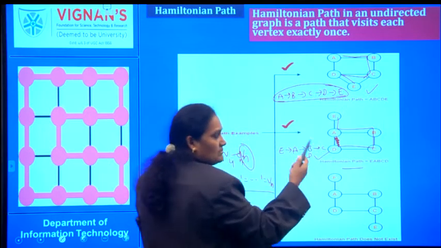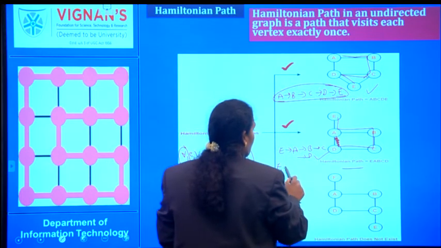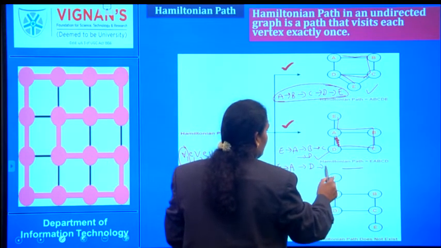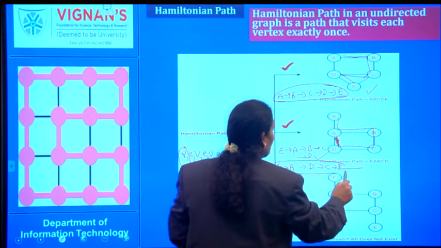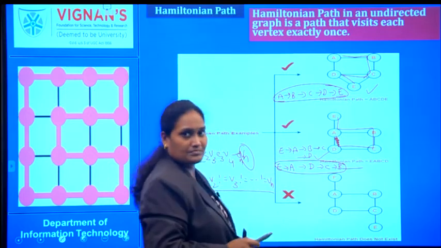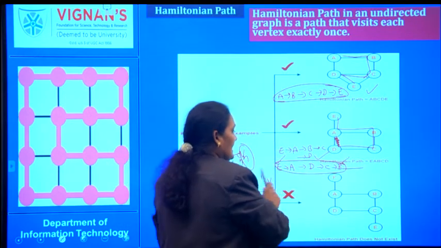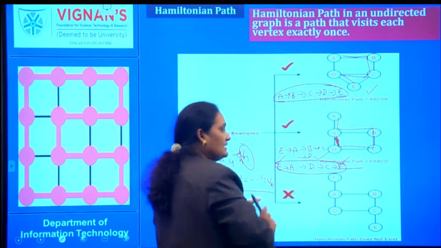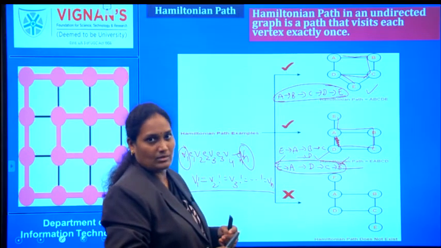We can write more Hamiltonian paths for a graph. For example, E to A to D, D to C, C to B. This also becomes a Hamiltonian path for this graph. It starts with a vertex, ends with a vertex, visiting is done through the edges, and all the vertices are distinct.